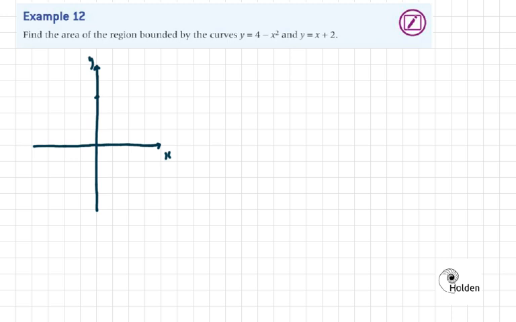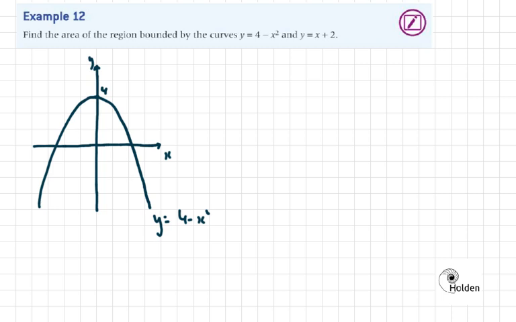We know it's a concave down parabola, so we're going to have something like this, nice, smooth, and as symmetrical as possible, with no big bumps. We've got y equals 4 minus x squared.